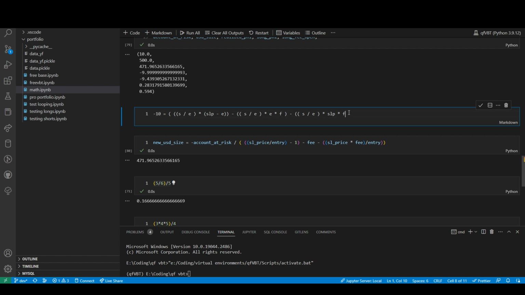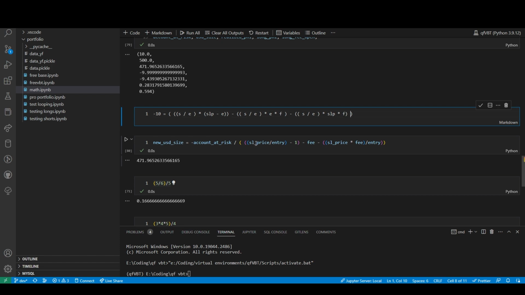Also, if we divide this side by S, this by S, and this by S, then we get 10 over S, and all of the S's leave and turn into 1s. So here we would have stop loss price over E minus 1, because you'd have stop loss price over E minus E over E, which is 1.